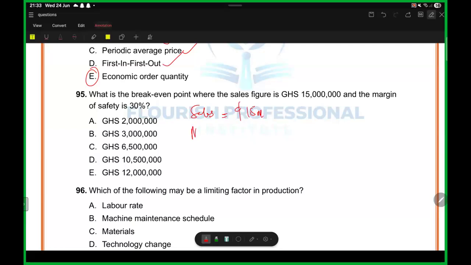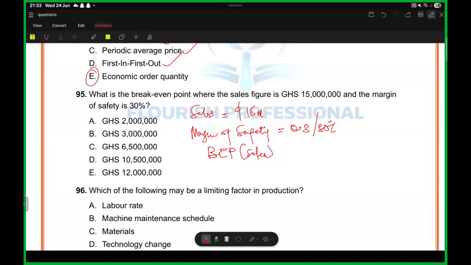And the margin of safety is 0.3 or 30%. They say find the break-even point in sales. Very, very simple.